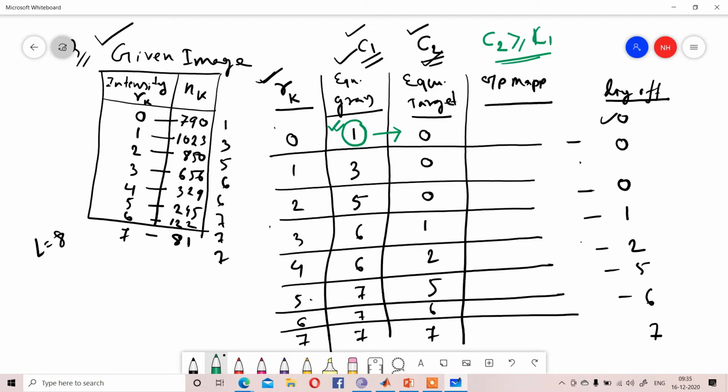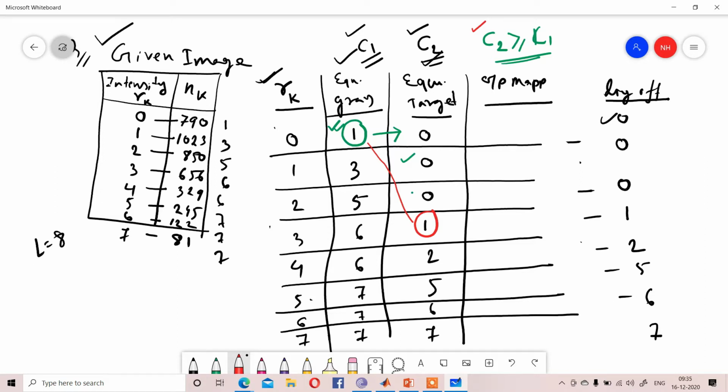That condition is not satisfied, because C1 is greater than C2. The second value is also 0, not satisfied. The third value is also 0, not satisfied. Come to the fourth value, 1. C2 is greater than or equal to C1, so that condition is satisfied.